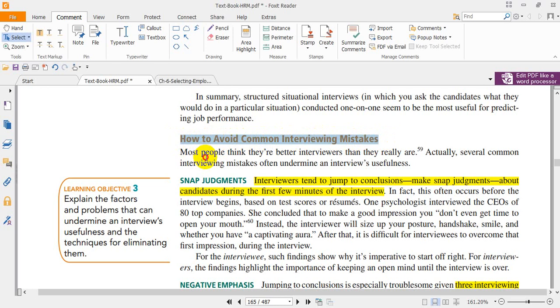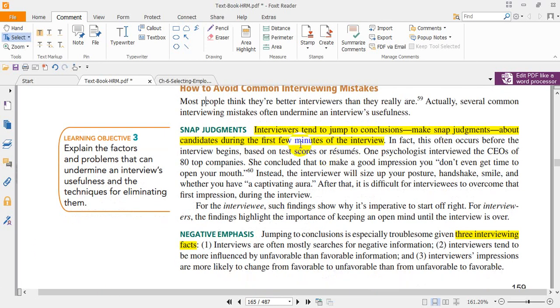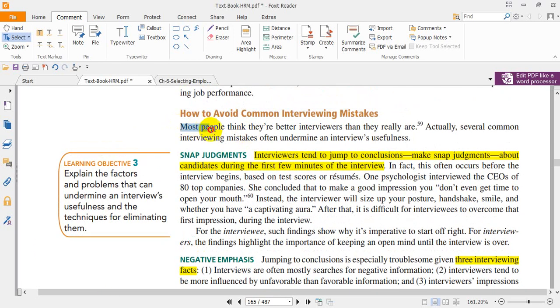Most people think they are better interviewers than they really are. Actually, several common interviewing mistakes often undermine an interview's usefulness.